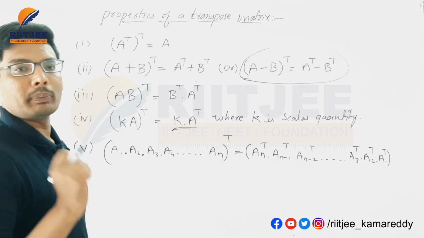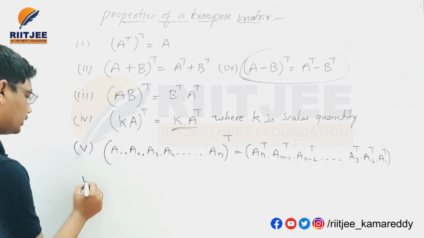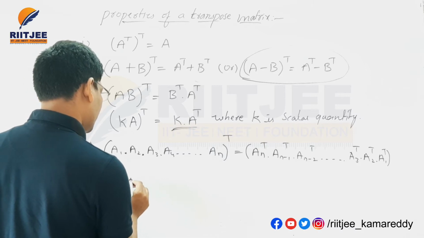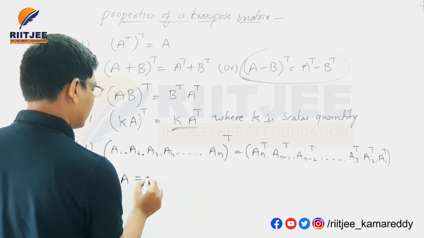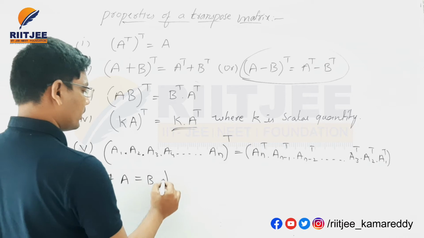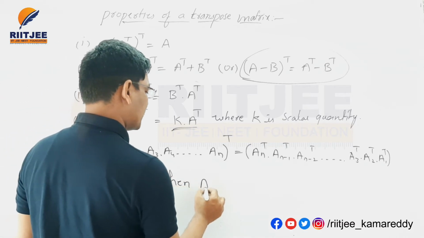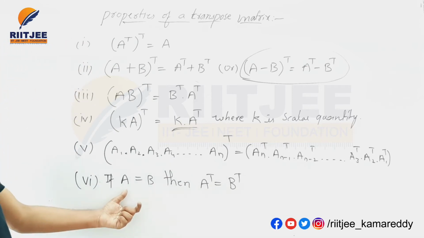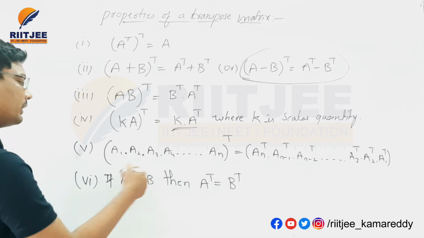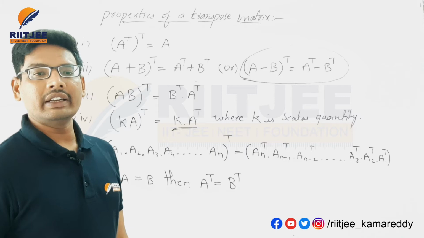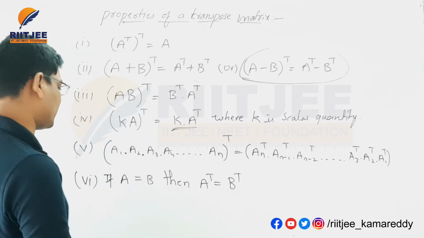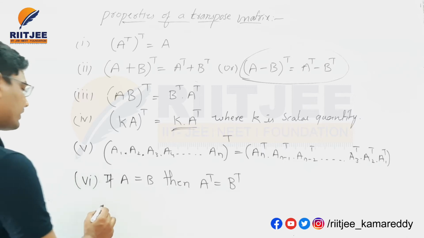Next, the sixth property. If A equal to B, that is, if A and B both matrices are the same, then A transpose is equal to B transpose. This is property number 6. Let us take one example.